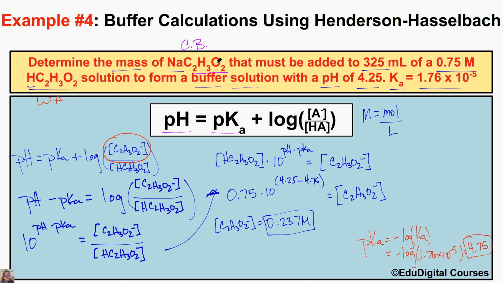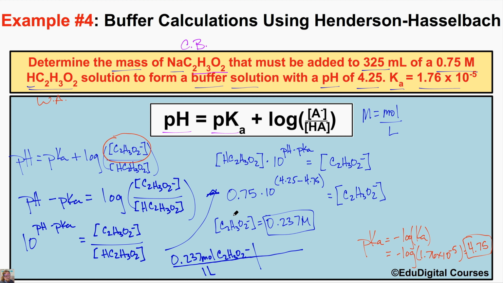We're asked to figure out the mass of this entire thing right here, NaC2H3O2. So now in our last step, before we plug it into the molarity formula, is to figure out the molarity of this right here. And so we have 0.237 moles of C2H3O2 minus for every 1 liter.